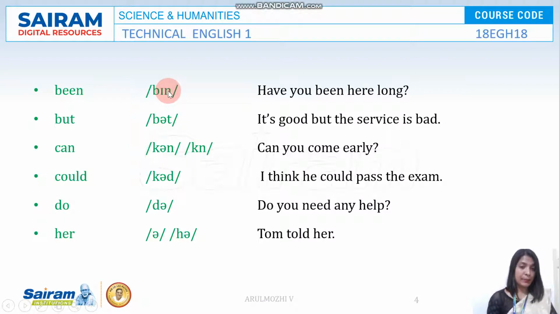Been becomes weak been. Have you been here long? Have you been here long or have you been here before? Bought becomes weak. Actually, the pronunciation here is the long sound, but it becomes short. And one thing I would like to mention here is all kinds of R sounds, long R sounds or A sounds, whenever they take the weak form, it becomes the smallest sound.